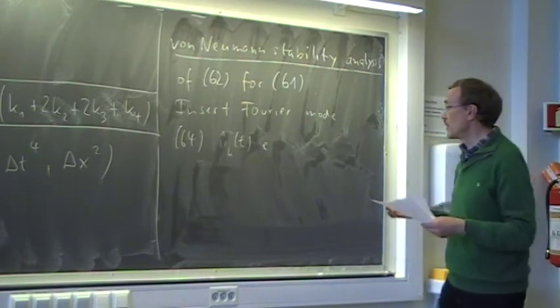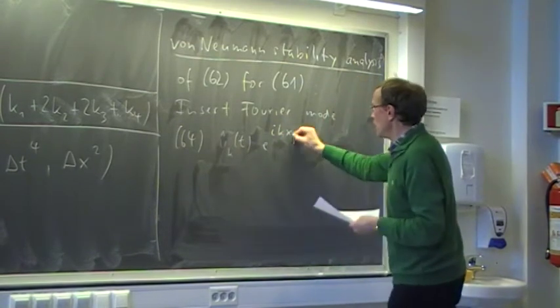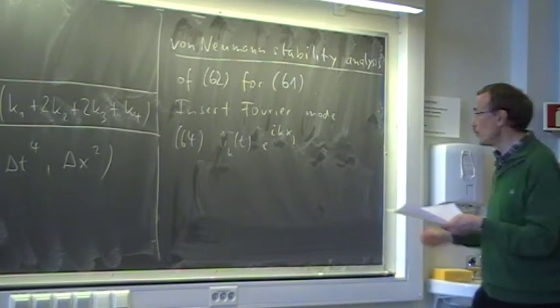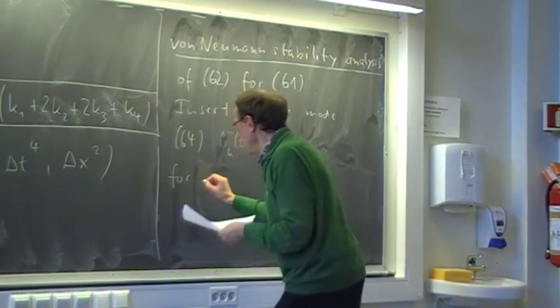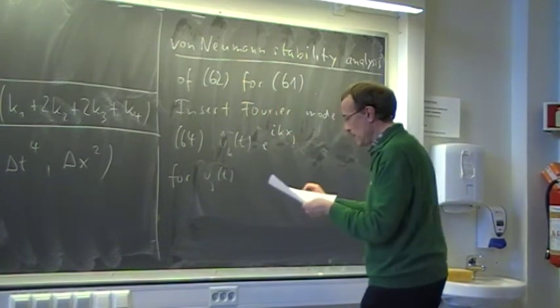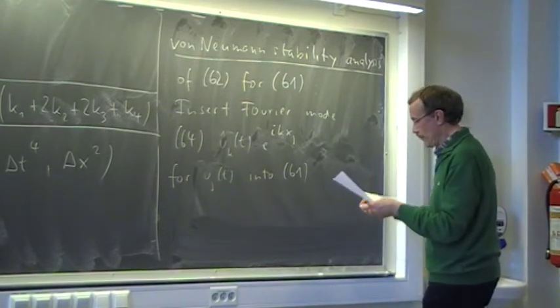That was also continuous in time. But then we make the same assumption that we have a Fourier mode in space. We insert that for our unknown semi-discrete solution uj of t into the system of ODE 61.